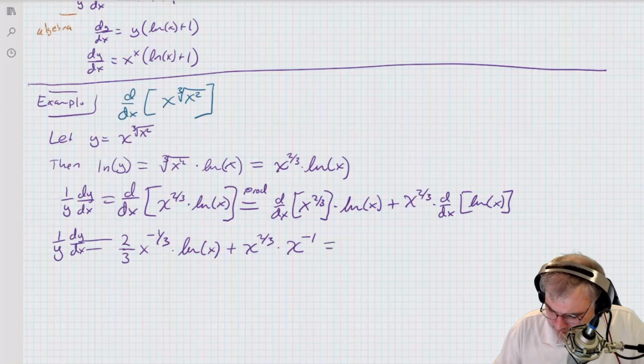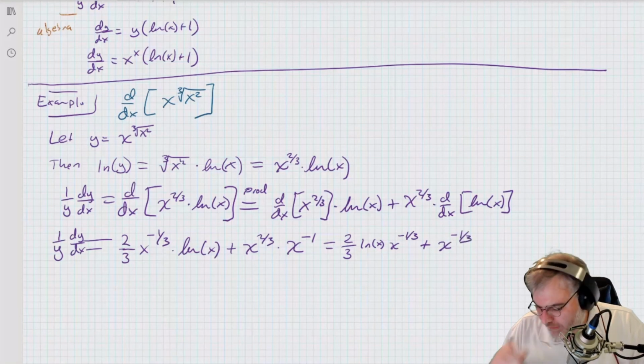And then I'm going to add some exponents. So I'm going to wind up with 2/3 ln of x times x to the negative 1 over 3 plus x to the negative 1 over 3. Ooh, that factors. I'm not going to do it, but it does.